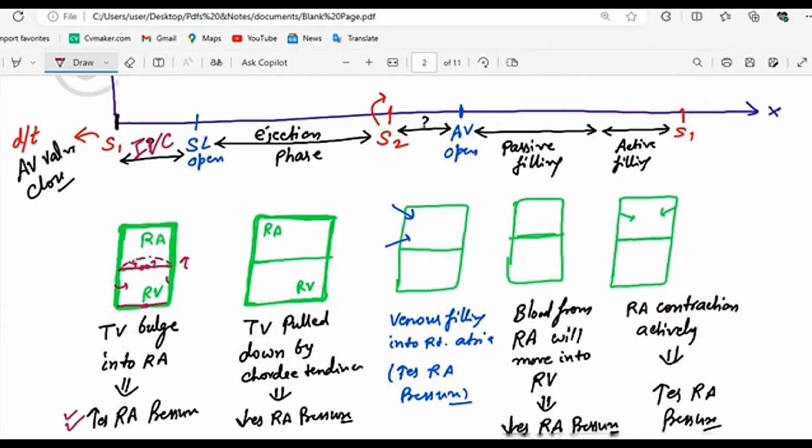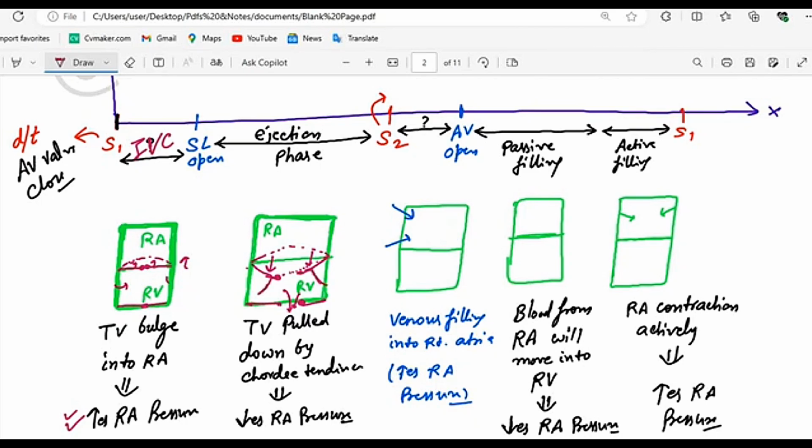Now the semilunar valve is open, so the right ventricle will eject. What was the position of the AV valve? It was bulging into the right atrium. Now, due to inertia or momentum, it will be pulled down.